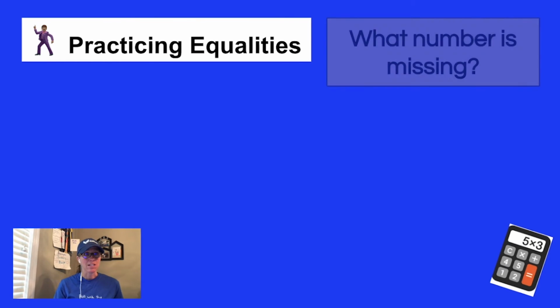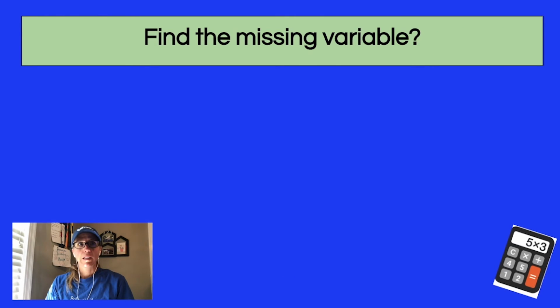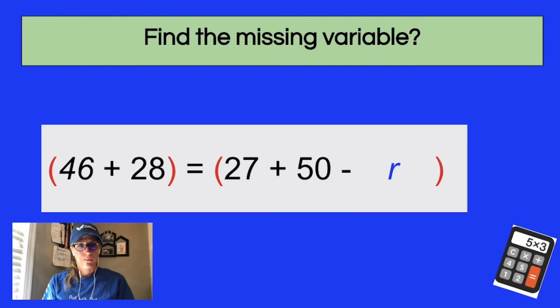Let's read the directions together. What number is missing? Find the missing variable. We can see we have the letter R as the variable in this equality. On the left side, we know 46 plus 28. When we do some mental math, we know that's equal to 74.